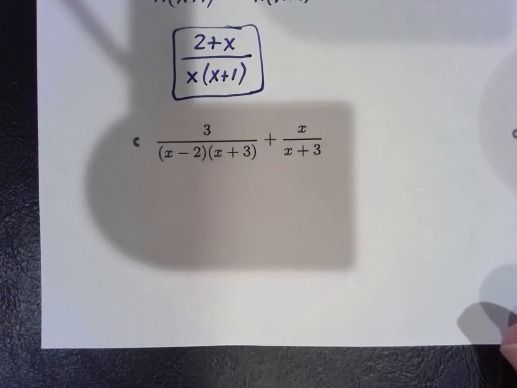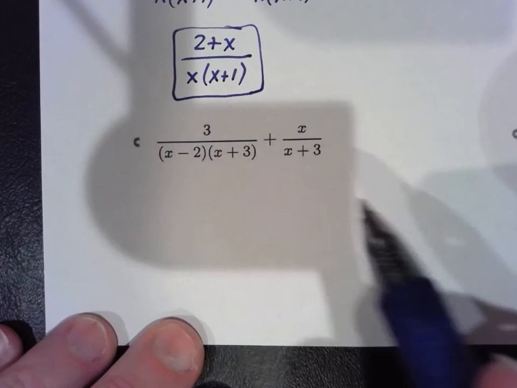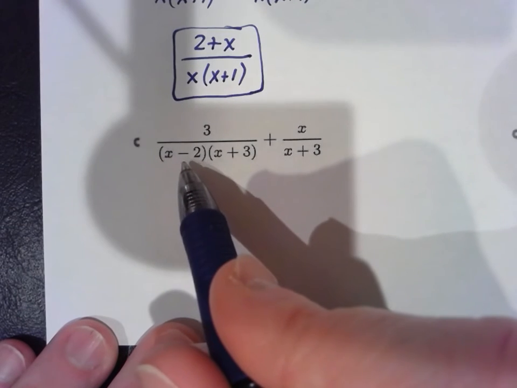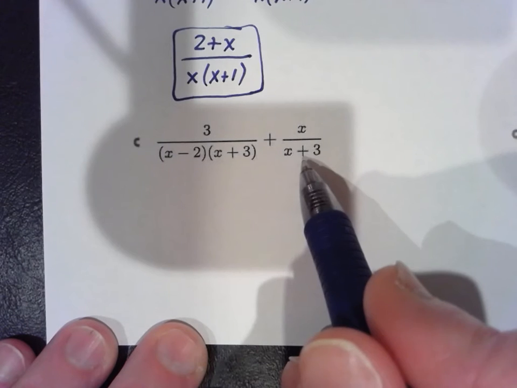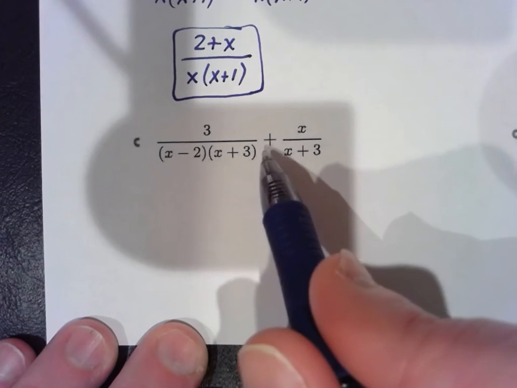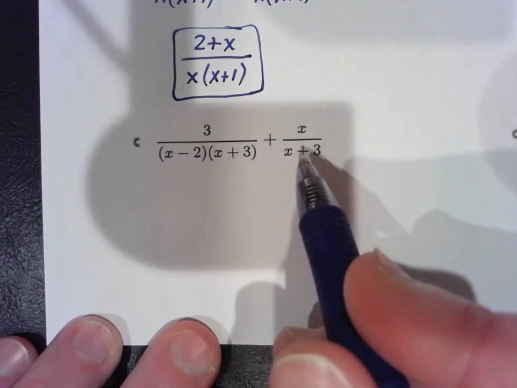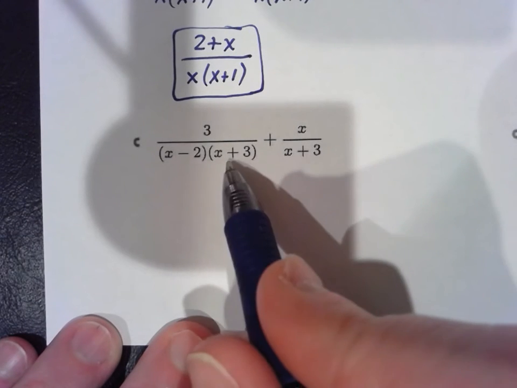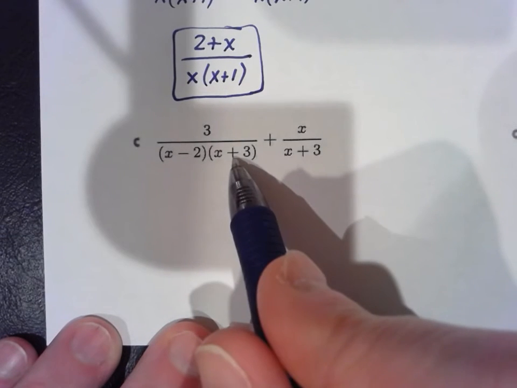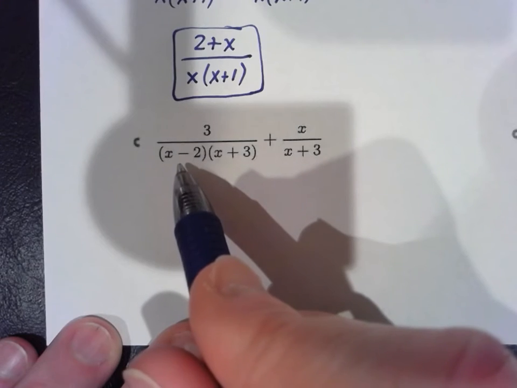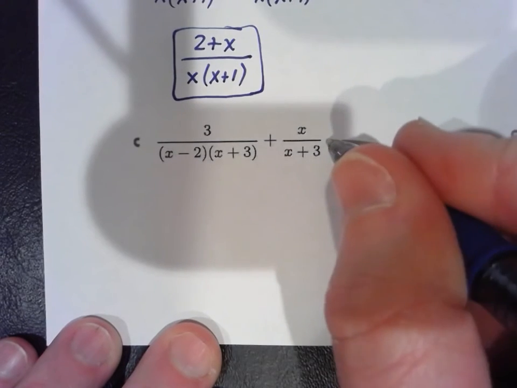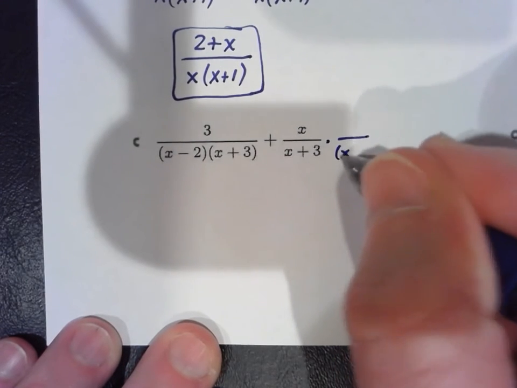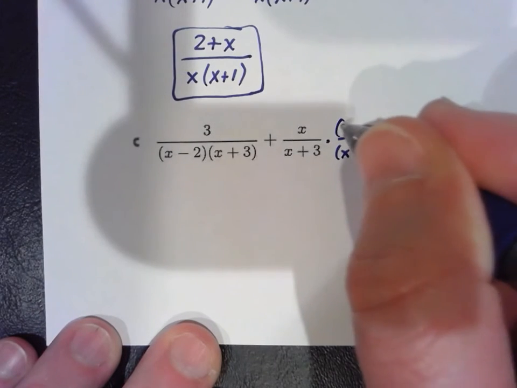So in letter C, the first denominator has an x minus 2 and x plus 3. The second denominator has x plus 3. It's addition sign. So I need common denominators. They both have an x plus 3. The first one has an x minus 2, so the second one needs an x minus 2.